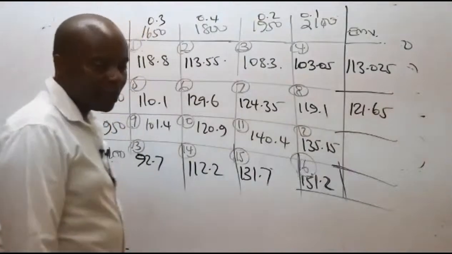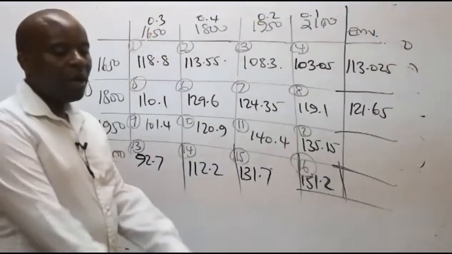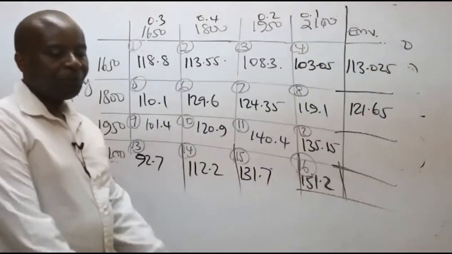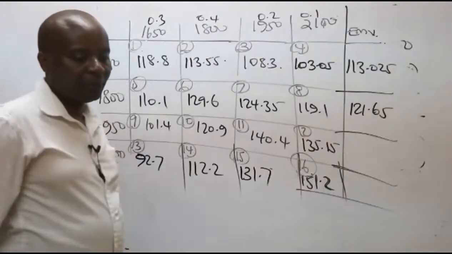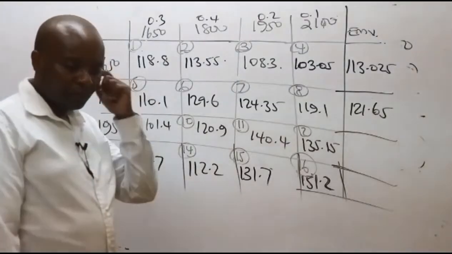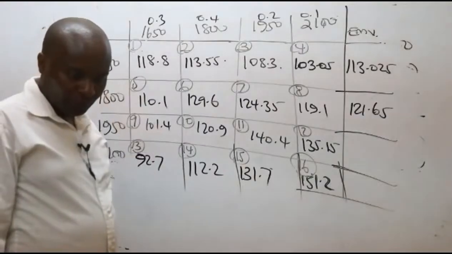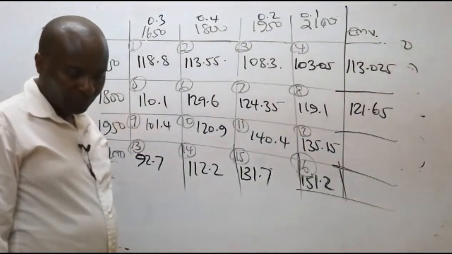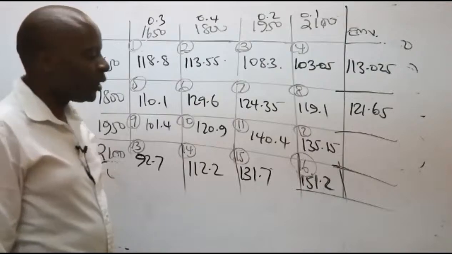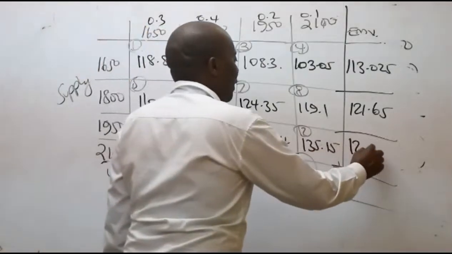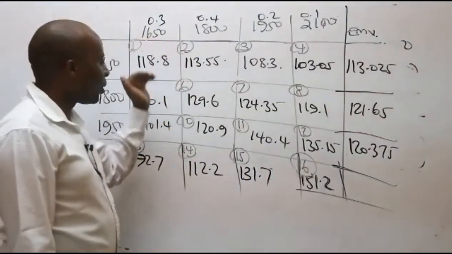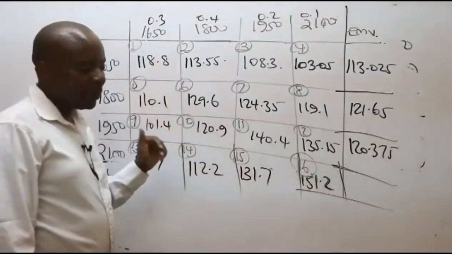From there, we have the third one, 120.375. How did they get this 120.375? They took the profit that we have here and then averaged them by multiplying them with the probabilities like that.